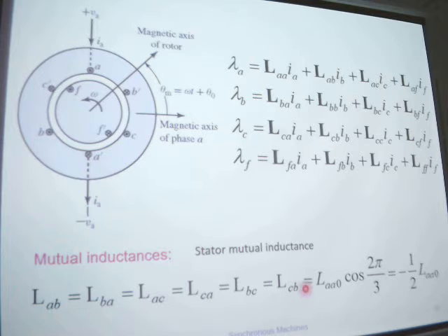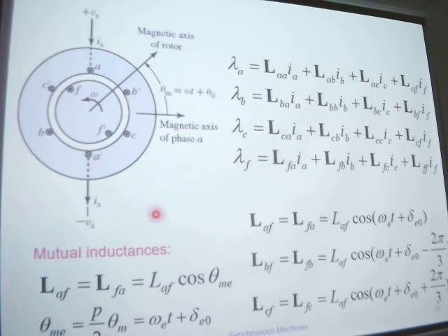So we also have the mutual inductance between the stator and rotor. Here is AF or FA, and also the BF, FB, CF, and FC.